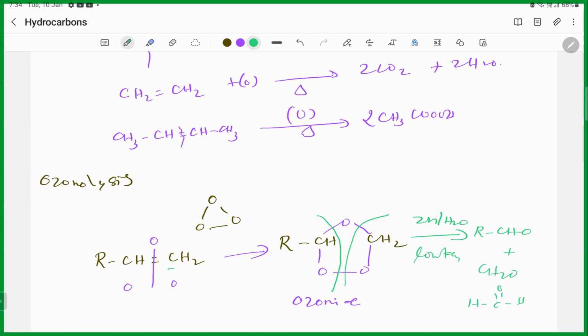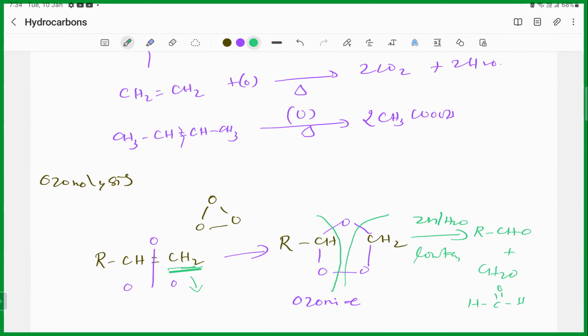When you have terminal alkenes like CH2, it will give the corresponding product. If it is a methyl group, it will be a ketone. If it is hydrogen, you will get the aldehyde. So this is called the ozonolysis reaction.